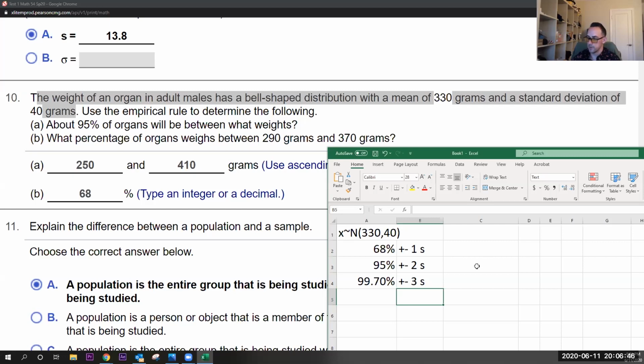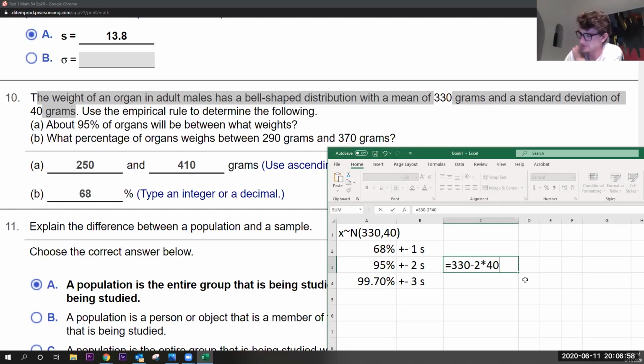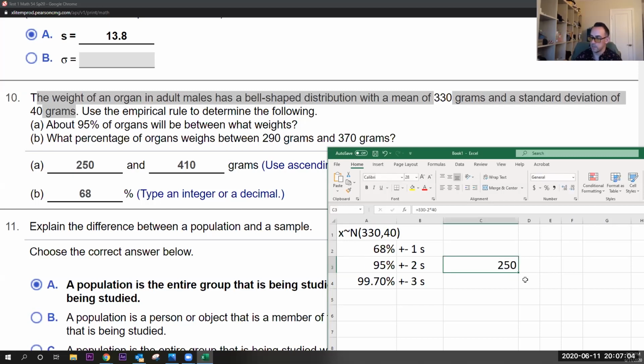So for the 95%, this equals 330 minus 2 times 40, right? So you see how we get that?